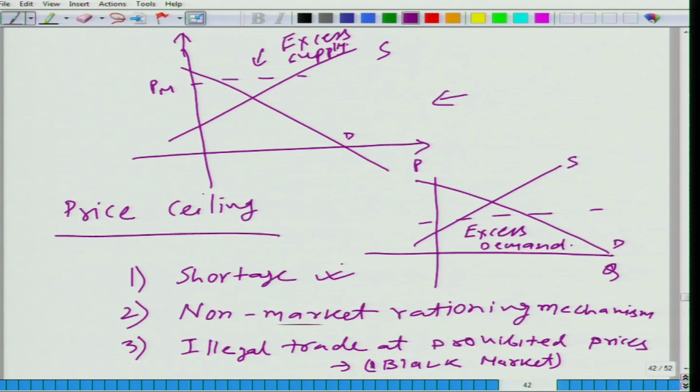Now, let us move to illegal trade at prohibited prices. Here you have some sort of black market. Sellers are not allowed to sell at a price higher than the price determined by the government through some law or legislation, but it is very difficult for the government to monitor it. So, you will automatically have a black market where you can buy a gas cylinder at a higher price.